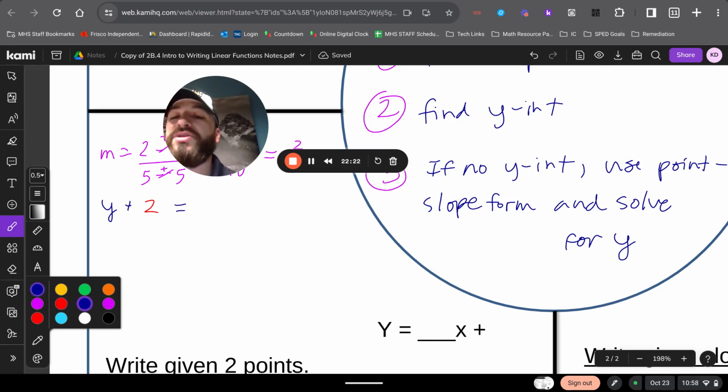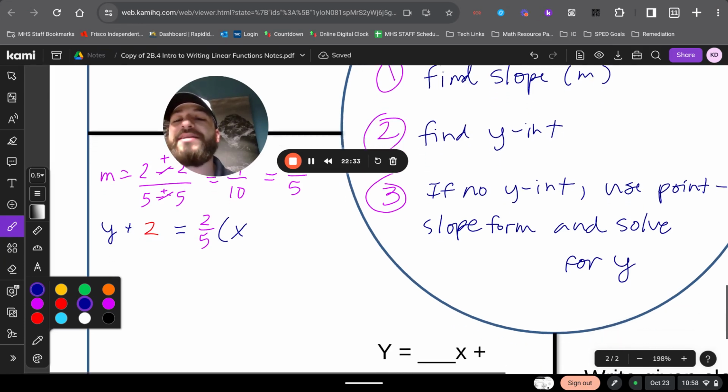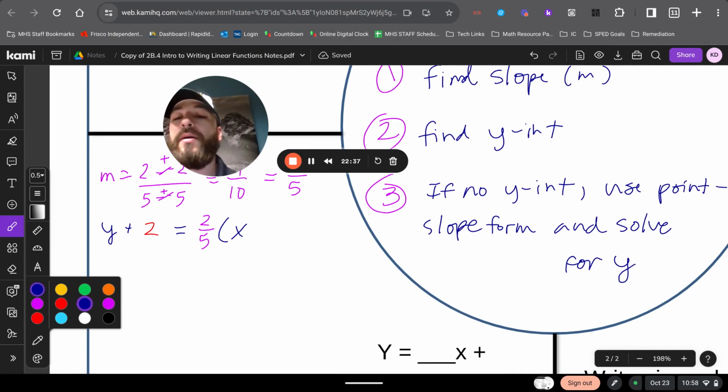And that is equal to our m, which is 2/5, parentheses, x. And then once again, because it is minus x1, it's minus -5, which is going to make this into +5.